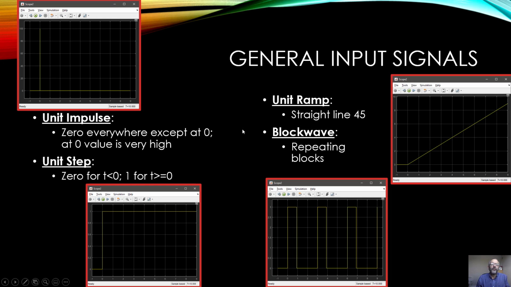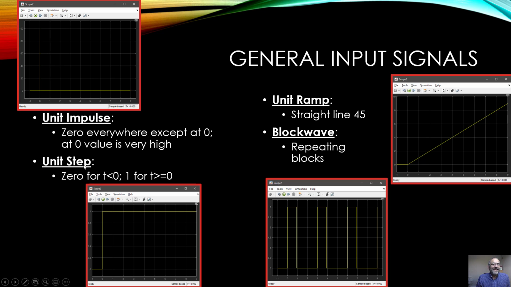We call that an impulse input. The unit impulse means that the integral of this signal is 1. Hopefully you know what an integral is, but I will not go further into that at this moment. So these impulse functions, we see them quite a lot.